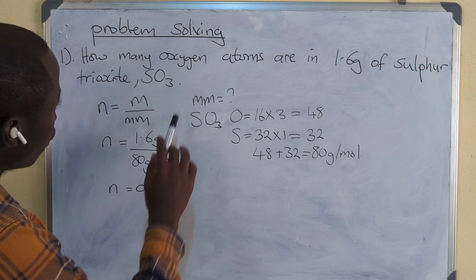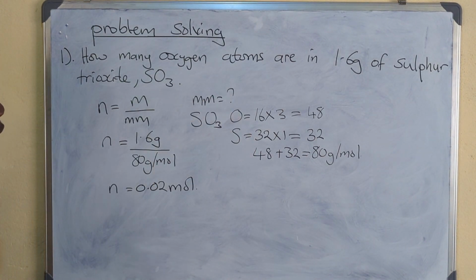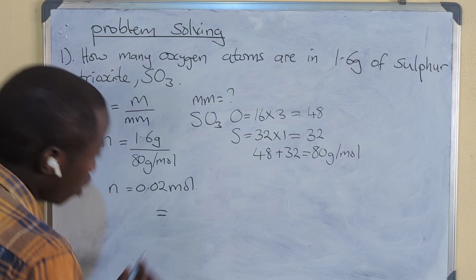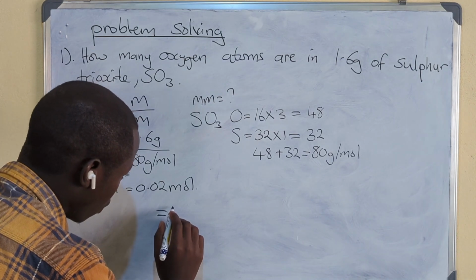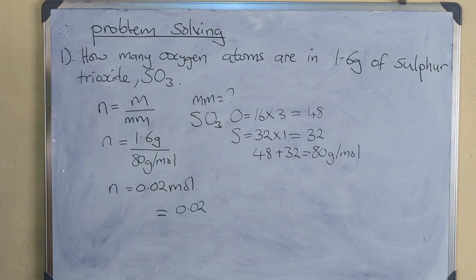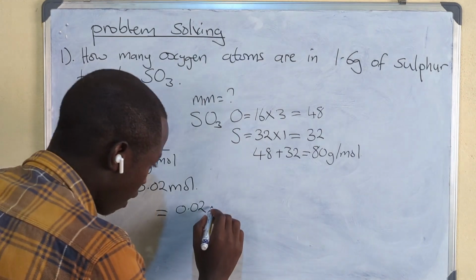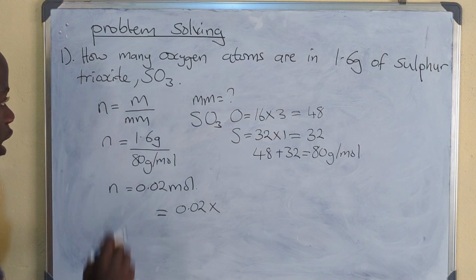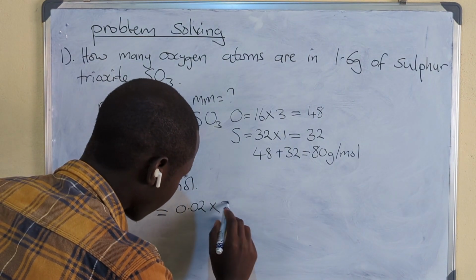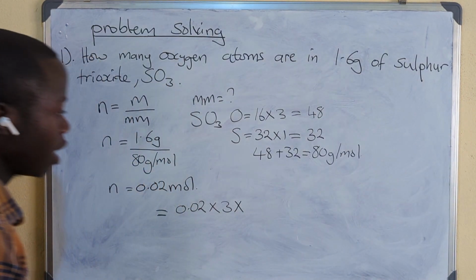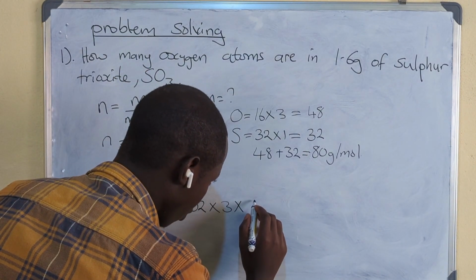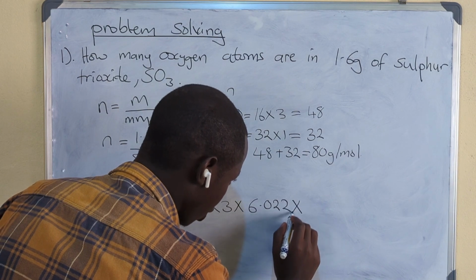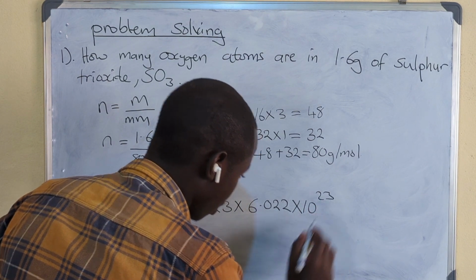Now, to proceed with the number of oxygen atoms contained in sulfur trioxide, we are going to multiply the number of moles of sulfur trioxide by the number of oxygen atoms in sulfur trioxide, which is 3, multiplied by Avogadro's constant, or Avogadro's number, which is 6.022 times 10 to the power 23.